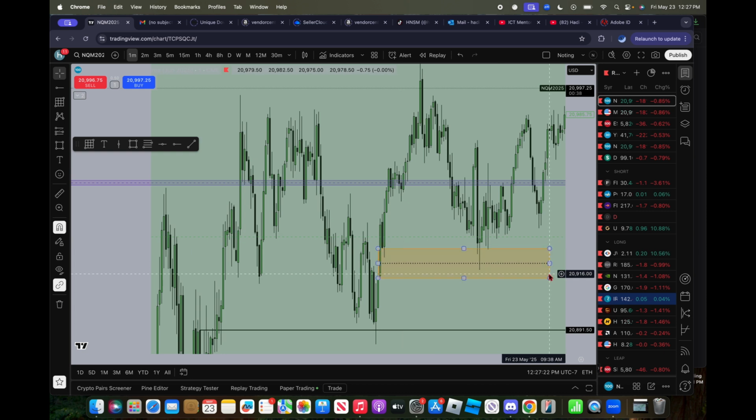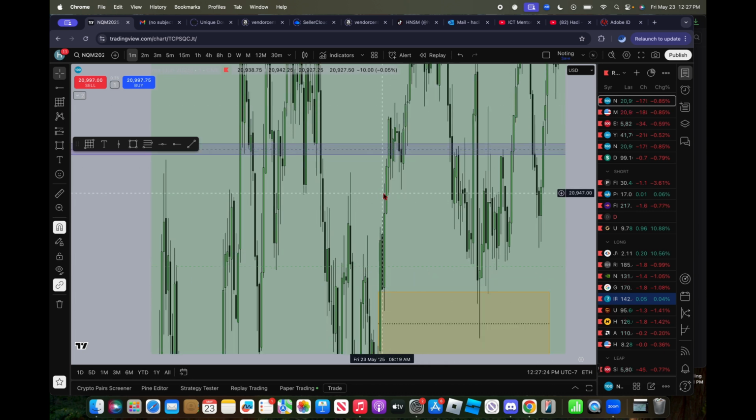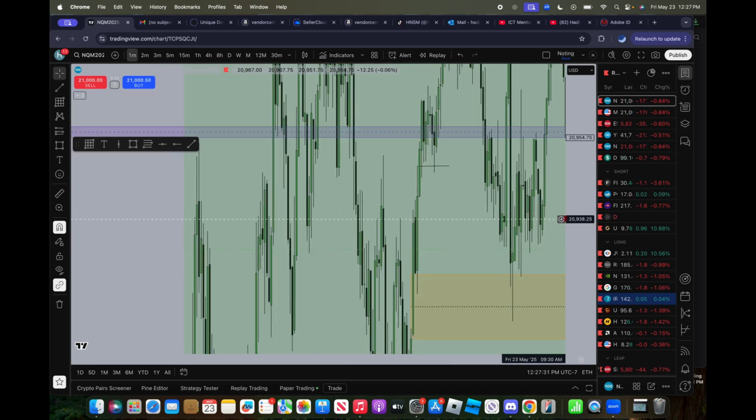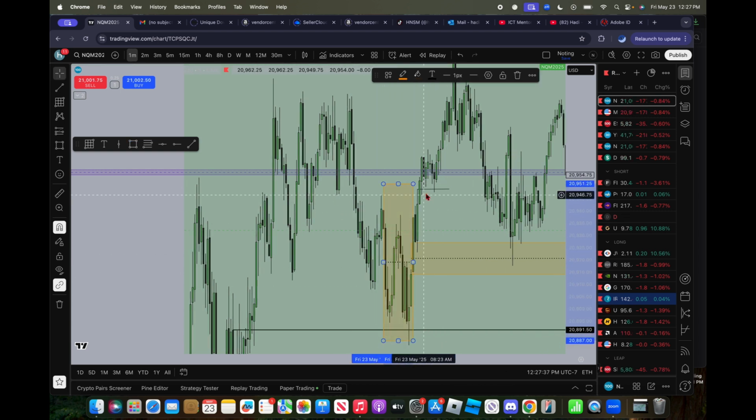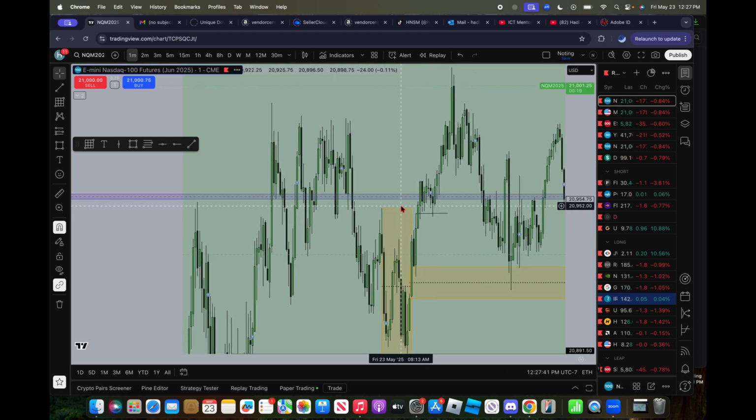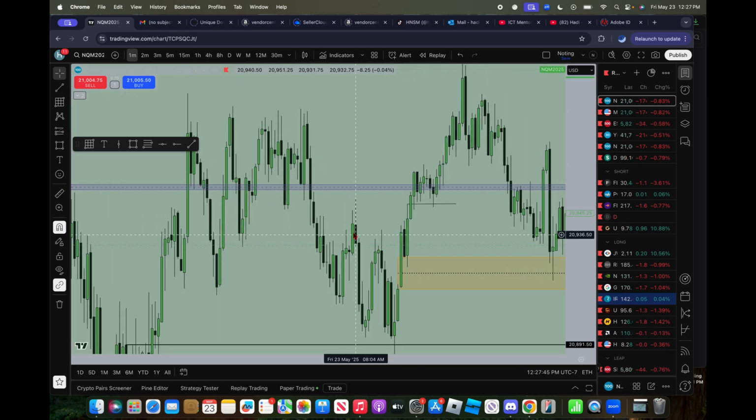And then the next fair value gap doesn't form, but this is an immediate rebalance, because we leave this block of price action right here. When we leave that and come back down, that's an immediate rebalance signature. Why is that an immediate rebalance?